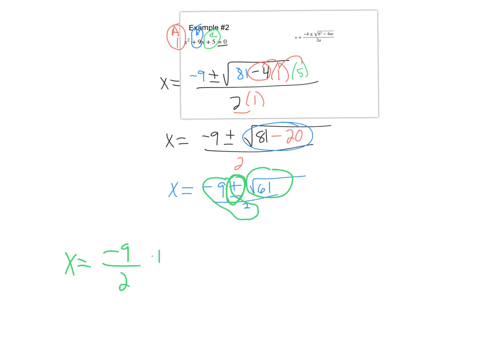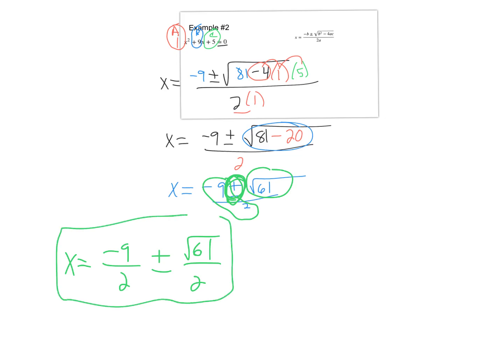Then we throw the plus or minus in here, because that's this guy right here. Then we would have radical 61 over 2. And then see if you can reduce it, which we can't do anything. So some teachers say that this should be your given answer, which is fine.